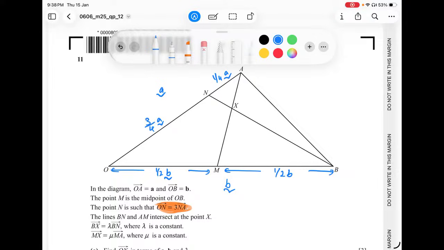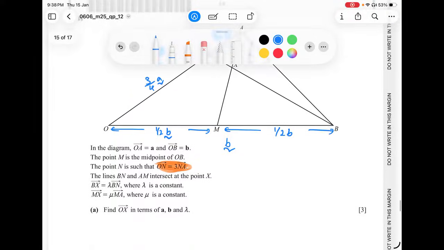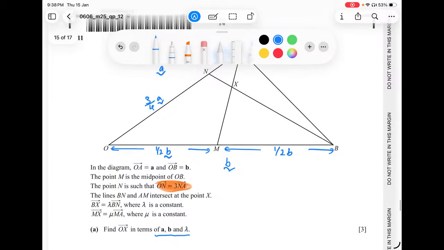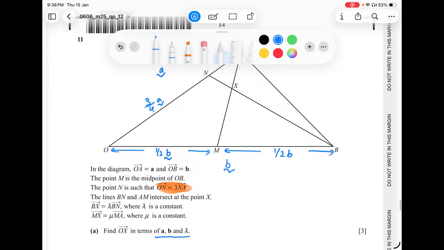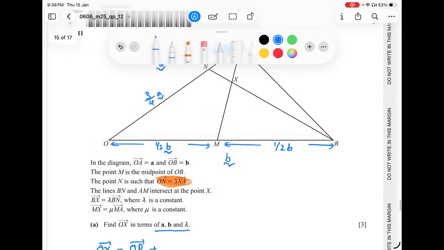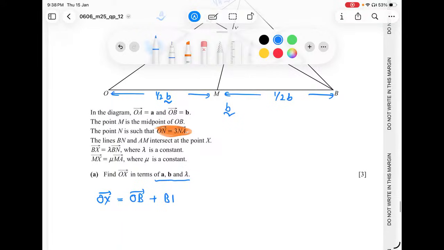BX is lambda BN, MX is mu MA. Find OX in terms of A, B, and lambda. So OX is basically, BX is lambda BN, right? So OX can be split into OB plus BX. So OB is basically B plus lambda BN.